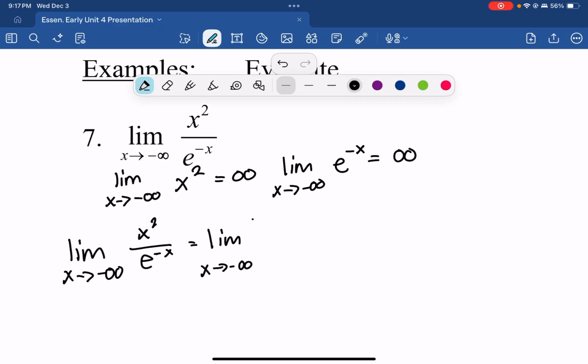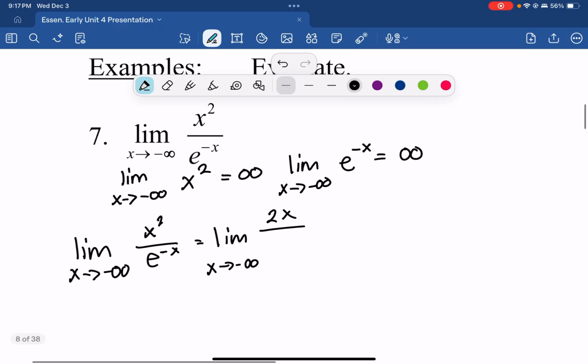Okay, take the derivative. So x squared's derivative is 2x. E to the -x is going to be -e to the -x, right? It is that chain rule still with that -x in there. Okay. Now when I think about it, right, if I plug in -infinity, I'm going to get essentially 2 times -infinity, so -infinity.